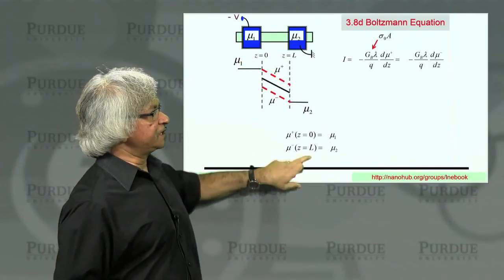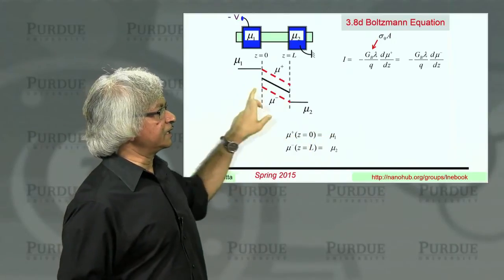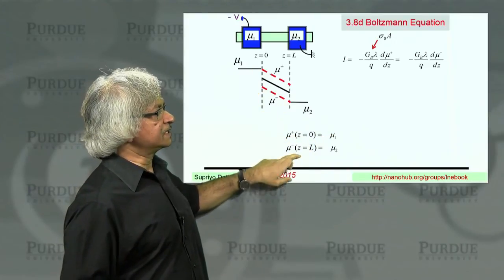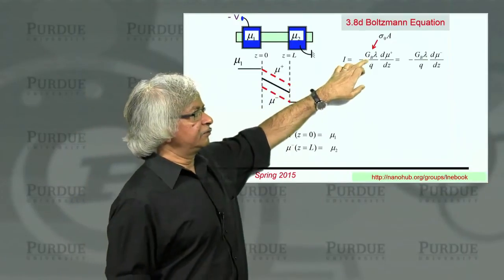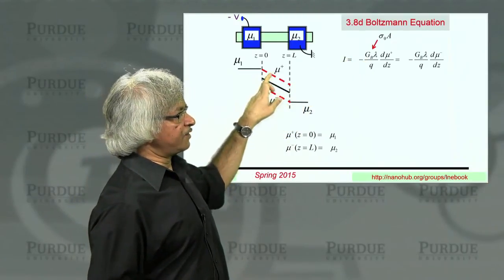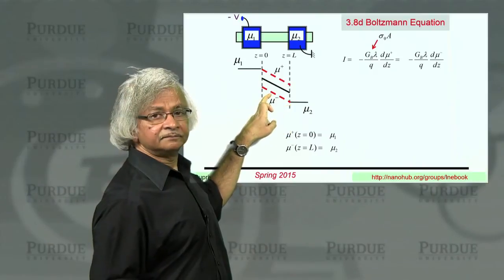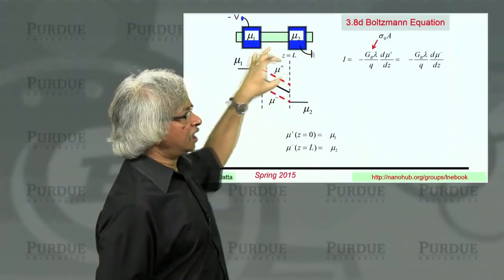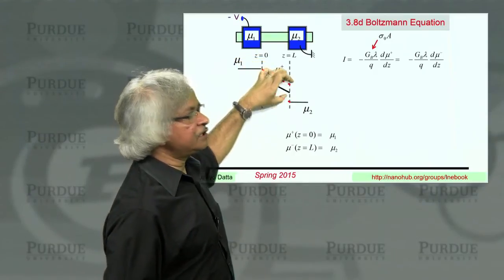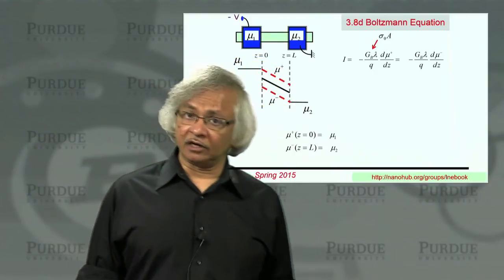You see, we could say that mu plus at one end has to be mu1, mu minus at the other end has to be this mu2, and for the current to be constant, it must vary linearly, etc. Okay? So this is the equation that one could solve to get the variation of the two quasi-Fermi levels that we talked about.